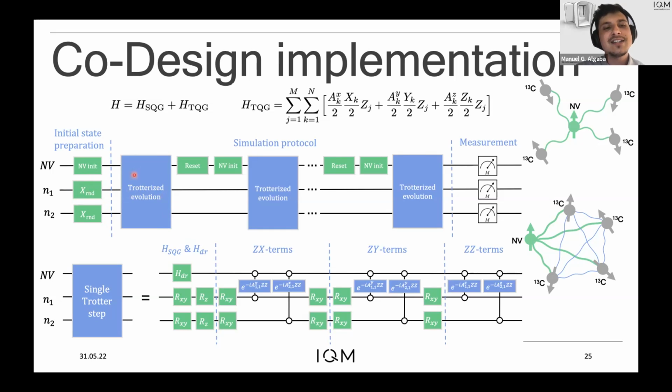Now you do the Trotterized evolution, and you have to reset, as we did with the laser, the NV center again. Here we have to reset it in our quantum computer, and this is not that easy. Why? Because it's a non-unitary quantum operation, and most of the operations you see on quantum computers, in the end we try to make them unitary. So what we did here is use this quantum circuit refrigerator, this QCR, that allows you to cool a qubit to the ground state.